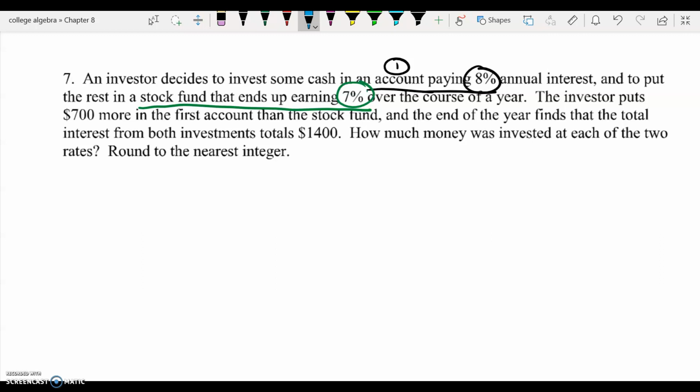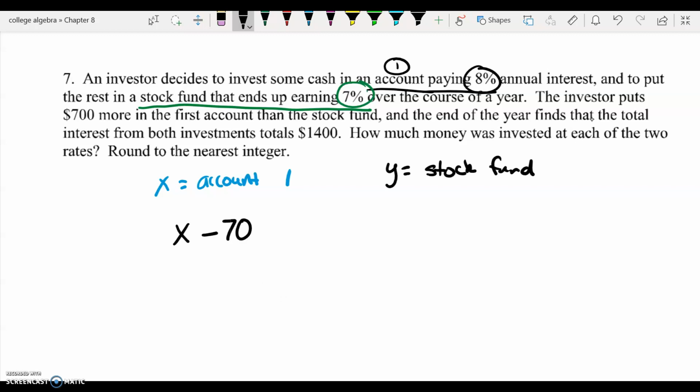So the first equation I'm going to write is I'm going to label my X as account 1. I'm going to label my Y as stock fund. So it says he puts $700 more in the first account than in the stock fund. So I'm going to take my first account, subtract 700, and that's going to equal the stock fund account.